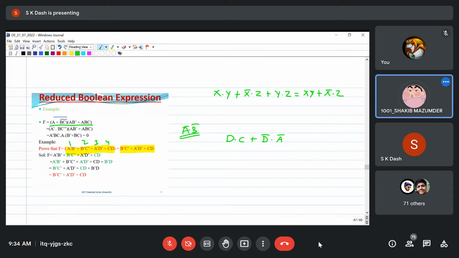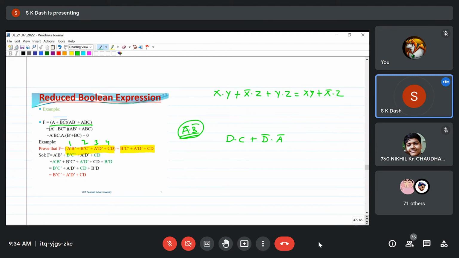A bar dot C. But again, that is not my target. A bar B bar is my target to remove, not A bar dot C. So here we observe that directly we are not able to apply the consensus theorem to remove this A bar dot B bar.